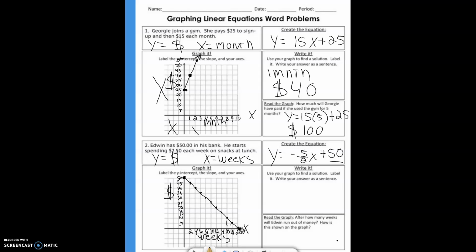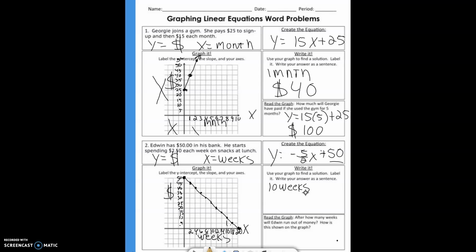I'm going to use my graph to find a solution. So let's say you could choose any. So let's say after 10 weeks, right? So after 10 weeks, how much does Mr. Edwin there have in his bank? Well, we'll look at his graph. After 10 weeks, we'll follow it up.